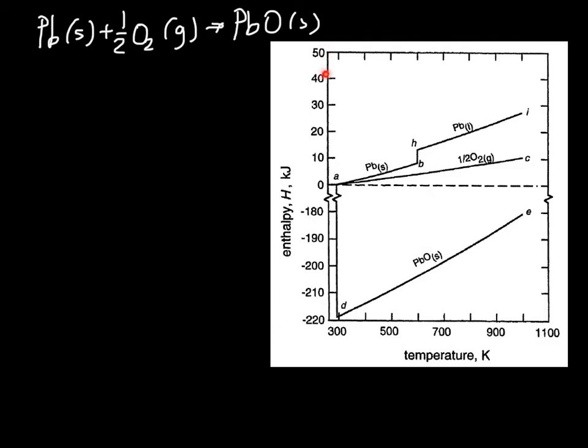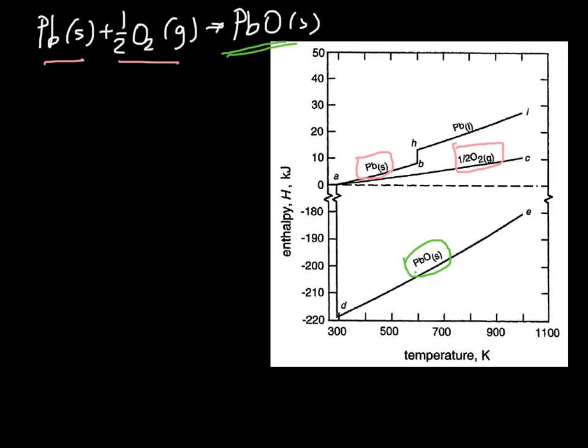We have a plot of the enthalpy of the products and reactants as a function of temperature. So these lines up here are for lead and oxygen, so these are for the reactants, and this line down here is for the lead oxide, and so that is for the products.